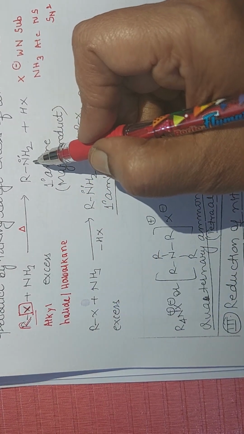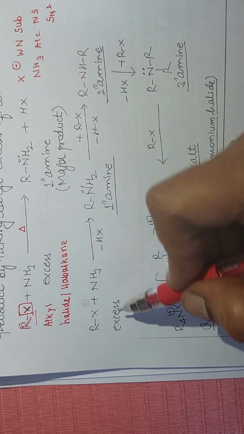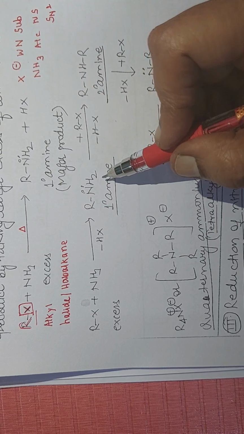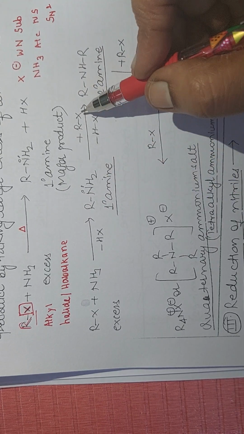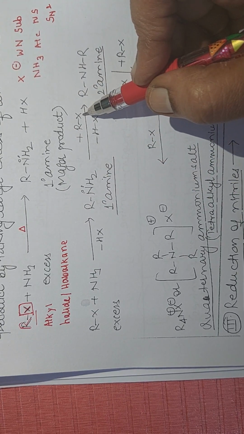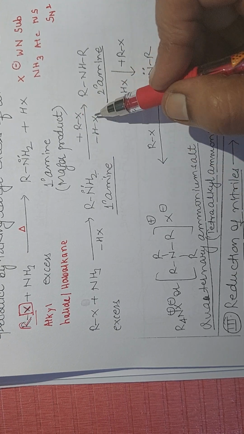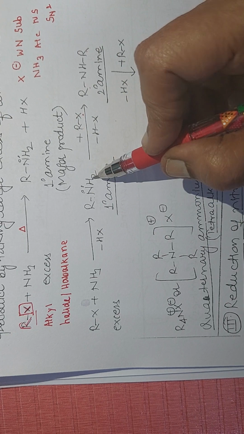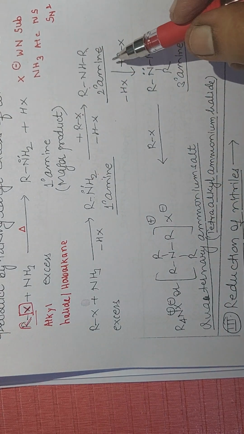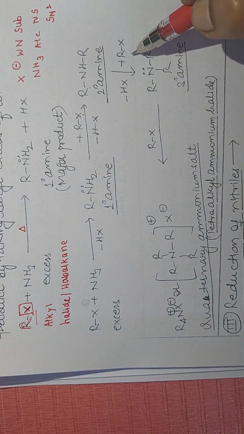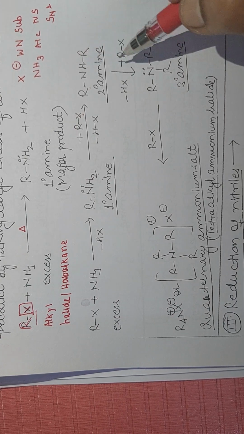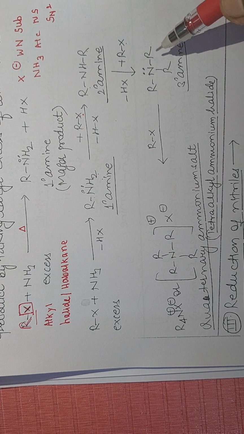And this primary amine, the product, will become the reactant again. Heated with excess of RX, HX gone, we will get secondary amine R2NH. One HX gone, and now this on treatment with again RX, HX gone, R3N.